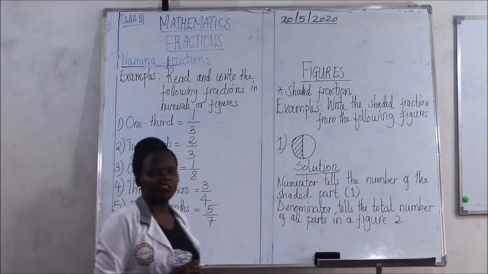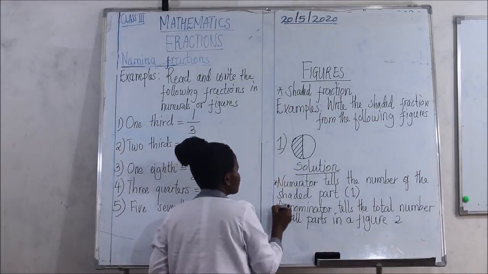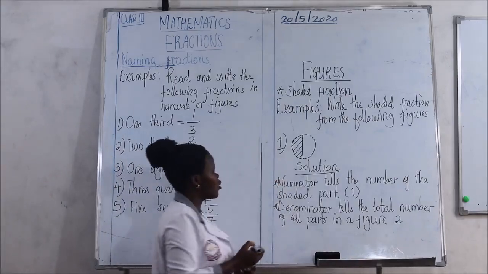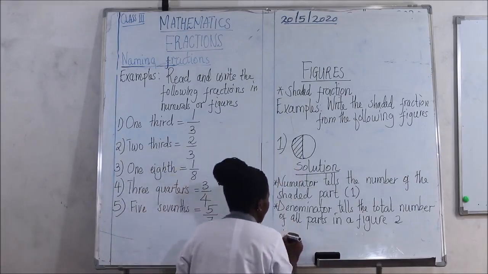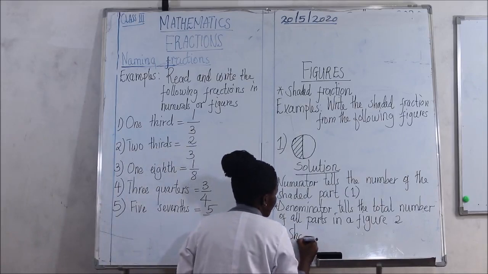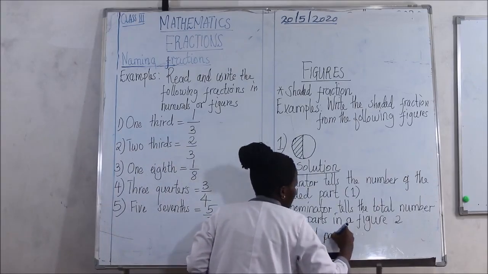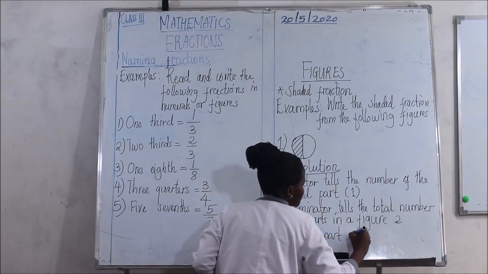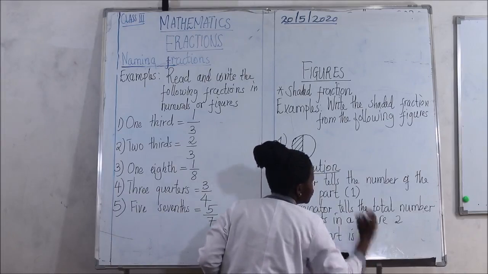Now, when we are writing the fraction, you should keep in mind that you have to start from the numerator, then followed by the denominator. So according to this question, the shaded part is 1 over 2.